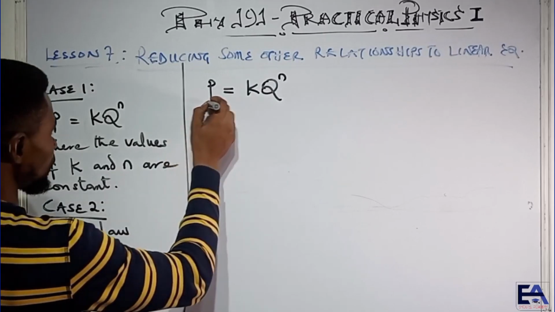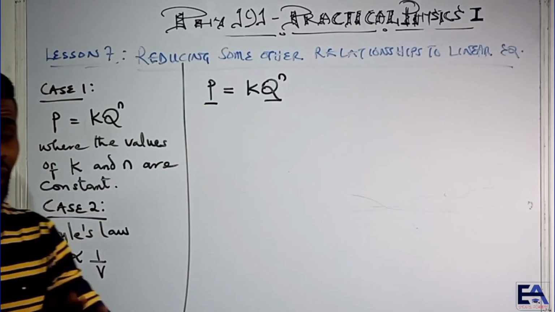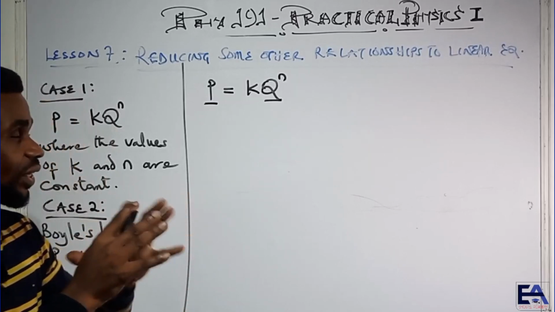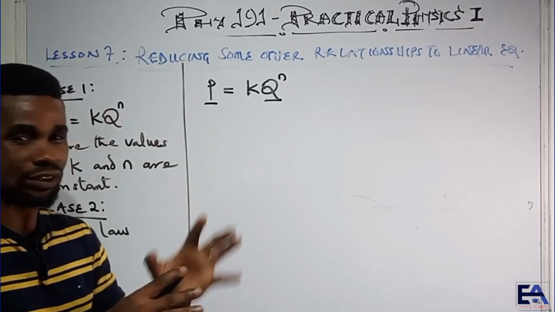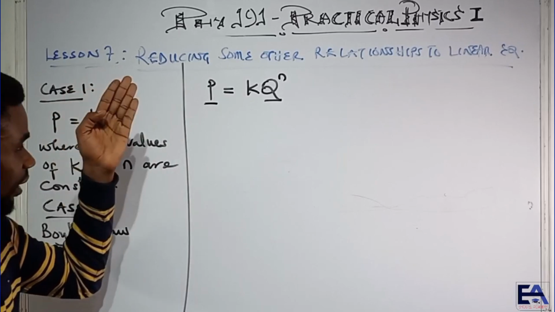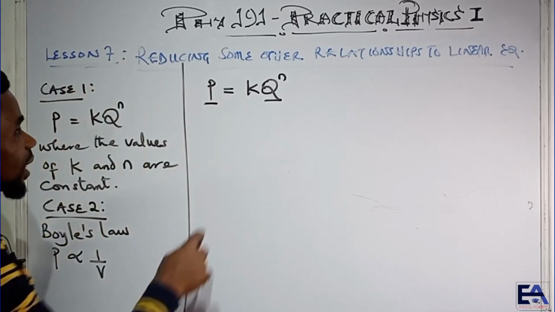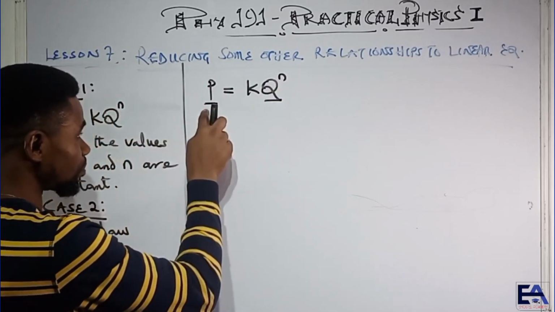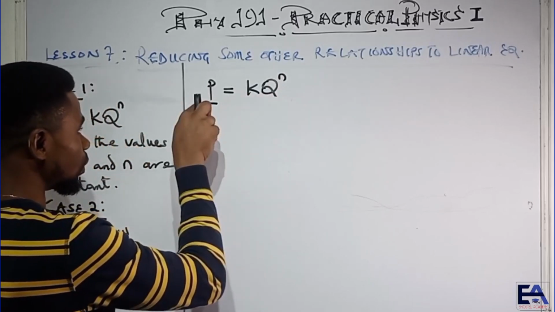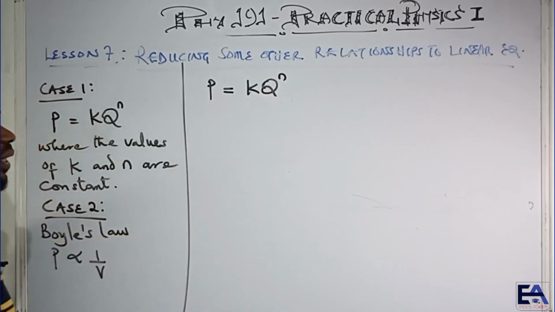So the two variables we have are P and Q. We just have an assumption of this kind of situation where P is equal to KQ raised to power n, where K and n are constants, then P and Q are variables. So definitely P is the dependent variable, while Q is the independent variable.